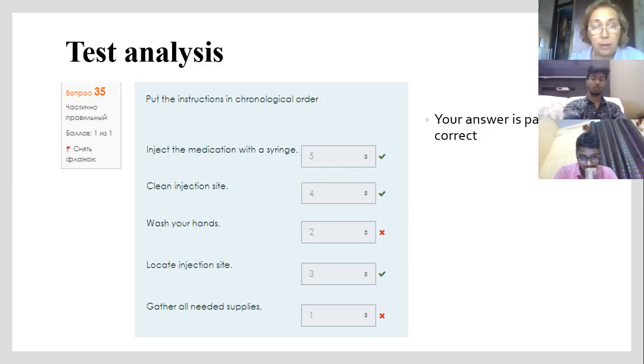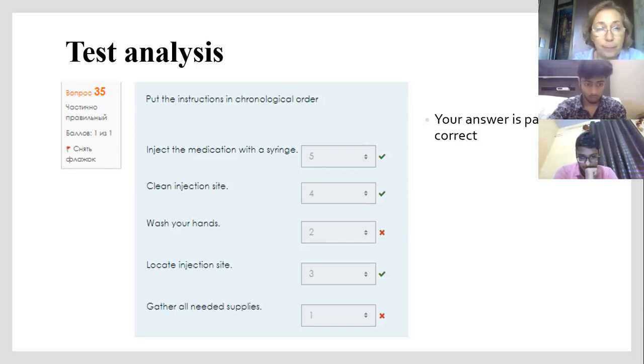I think it's better to wash your hands before you touch any supplies, the syringe, the needles, all kinds of things. That is why it's better to mark wash your hands as step number 1 and gather all needed supplies as number 2. Do you agree?